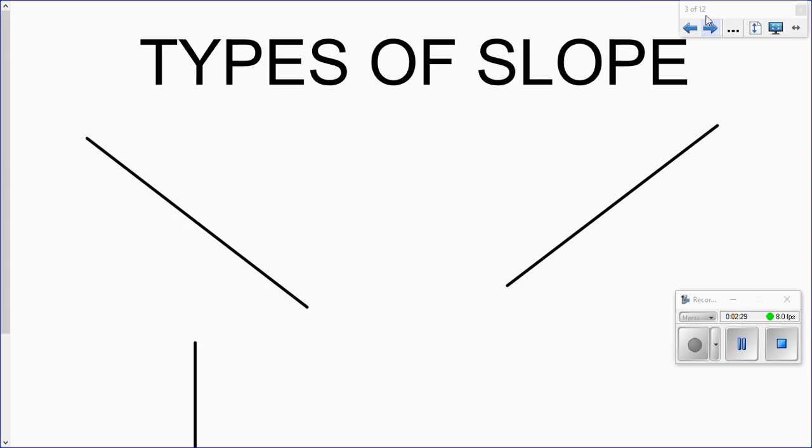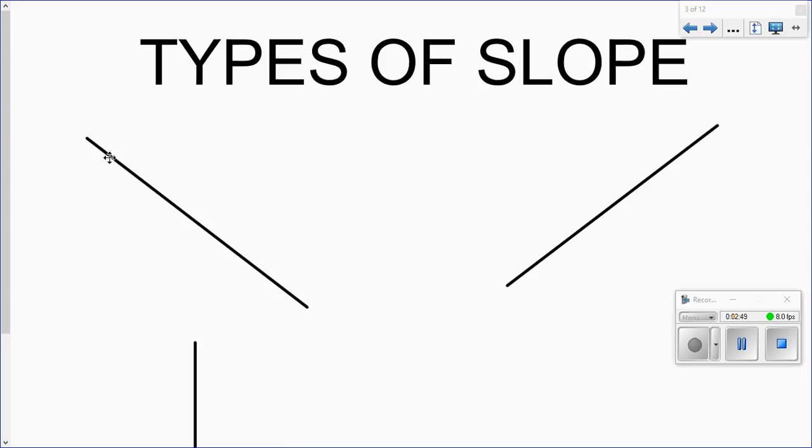Next page. There are different types of slope depending on what the line looks like, and you should be able to recognize these types of slope visually, as well as from an equation, or if I just give you a number for the slope, you should be able to tell me what kind of slope it is. So these are the different lines.